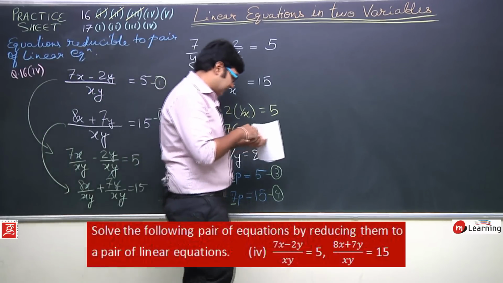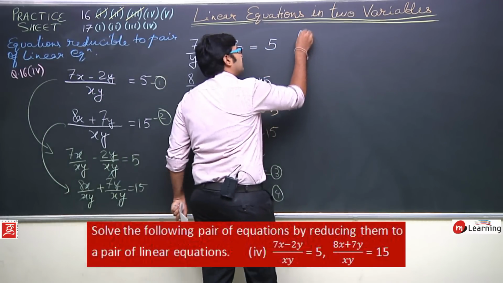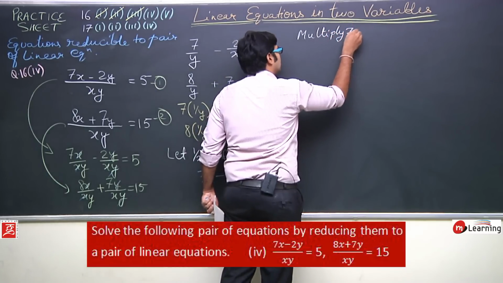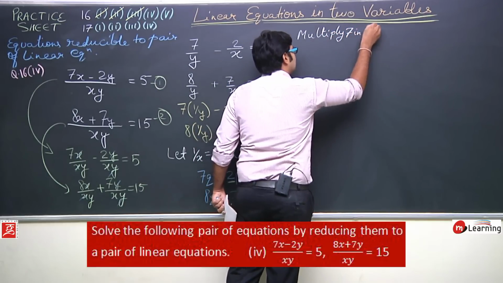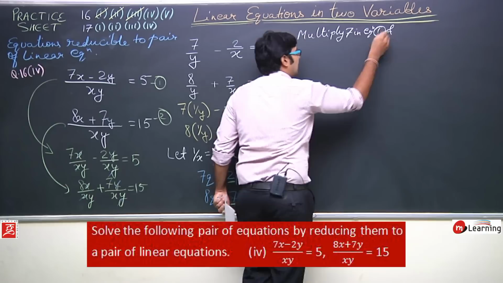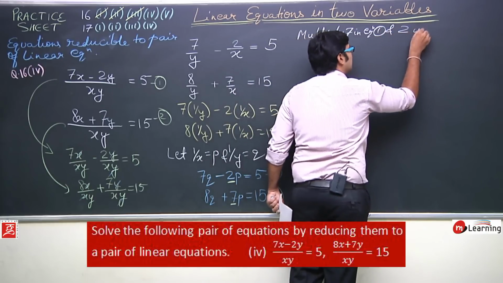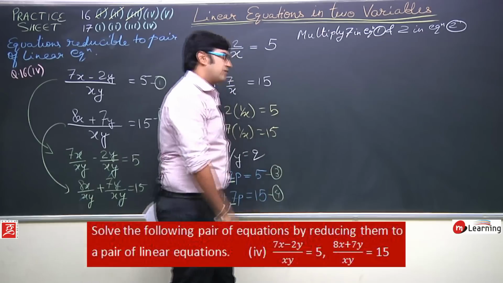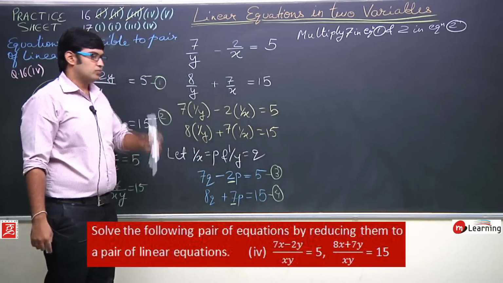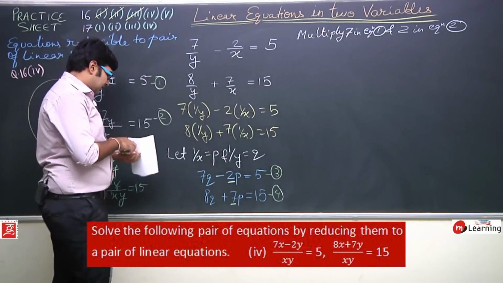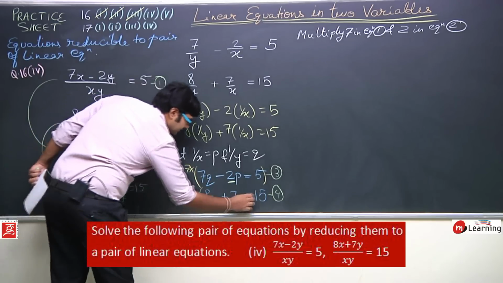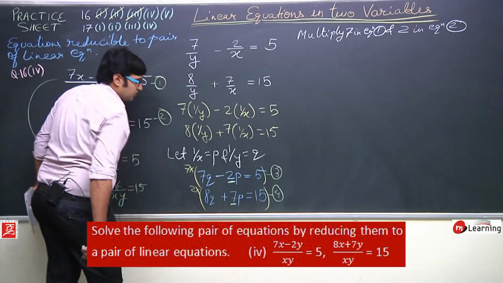So let us multiply by 7 in equation 1 and by 2 in equation 2. If I multiply this equation by 7 and this equation by 2, what can I get?